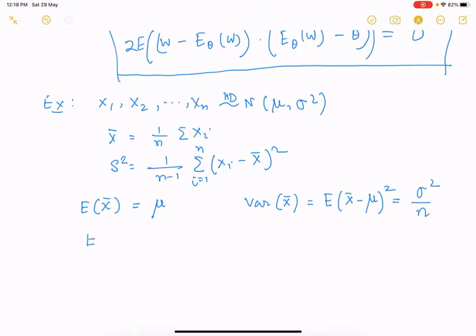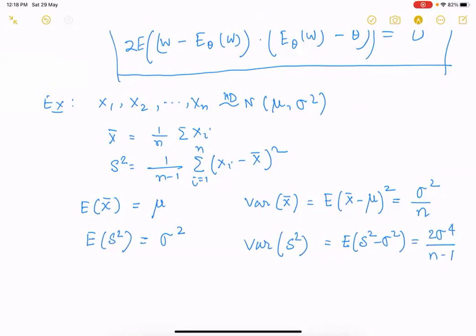Similarly, expected value of S square, in a previous class we have shown, is sigma square, and variance of S square, which is expected value of S square minus sigma square whole square, is 2 sigma to the power 4 by n minus 1.